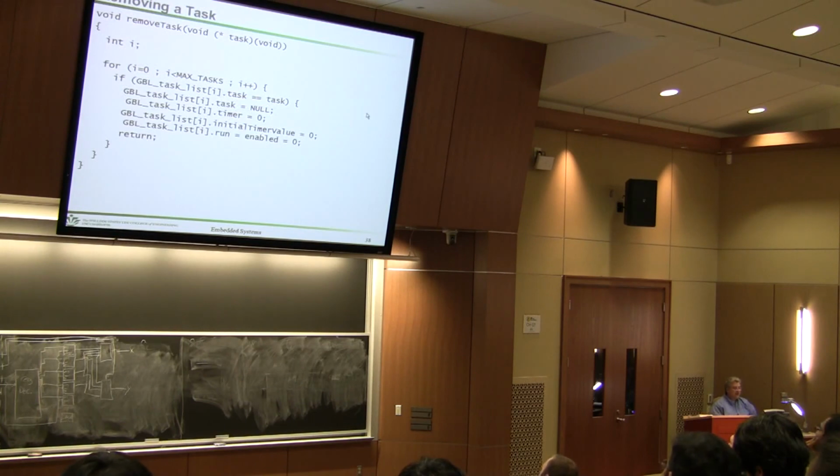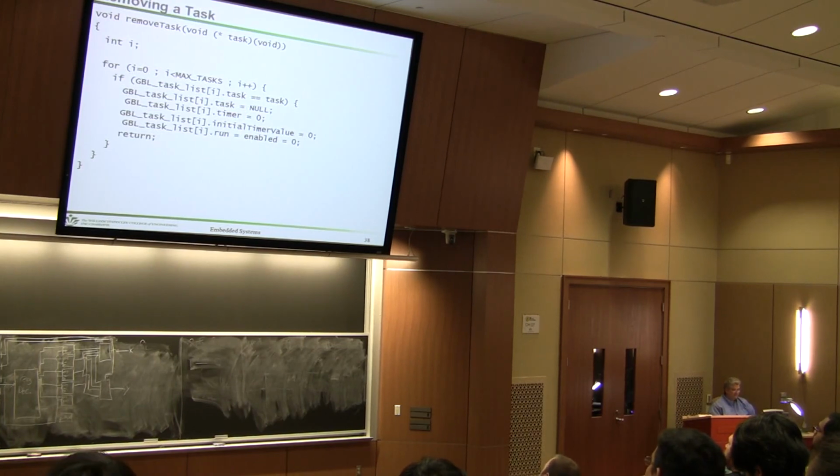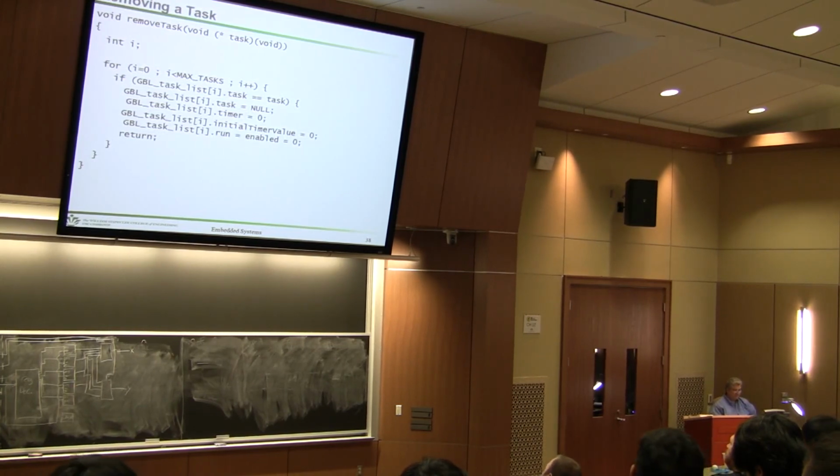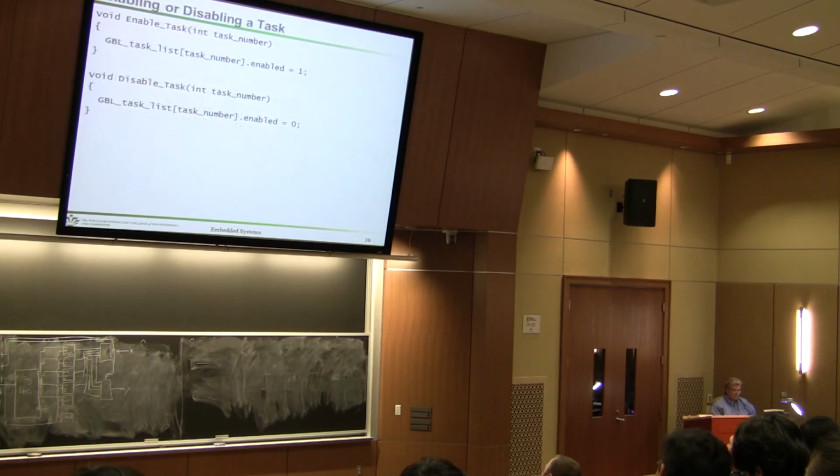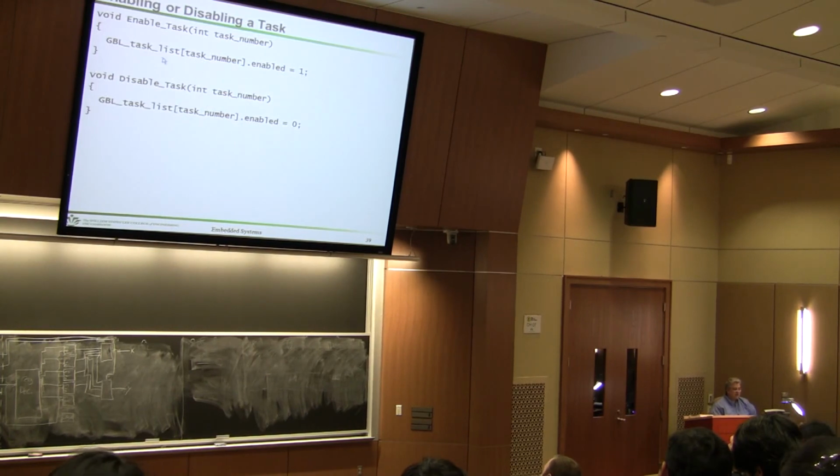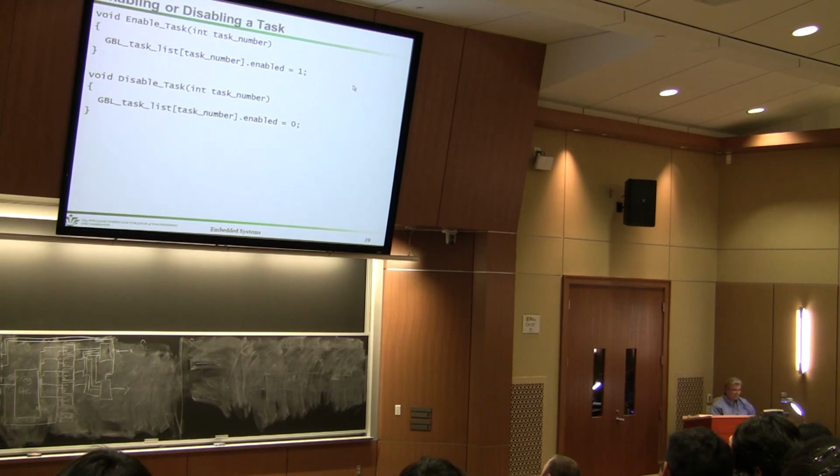If you want to remove a task, simply you identify which task it is, and then you will just wipe it out. You can also enable and disable a task just by changing the specific task number, in other words, the priority of it.